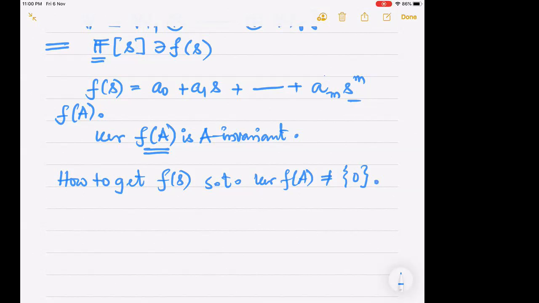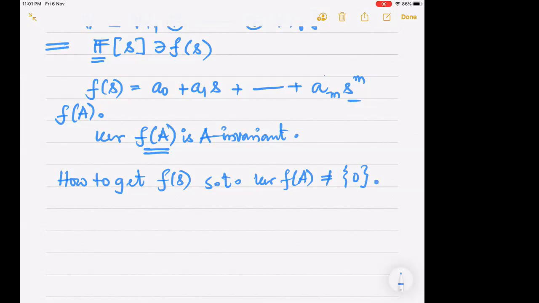With zero subspaces, I cannot do anything. So these Wi's that I've written, V equals W1 direct sum W2 and so on, are all non-trivial A invariant subspaces. Trivial subspaces don't help, so I need non-trivial A invariant subspaces. How to get polynomials such that the kernel of f(A) is non-trivial? It's A invariant, all right, but how to make them non-trivial?